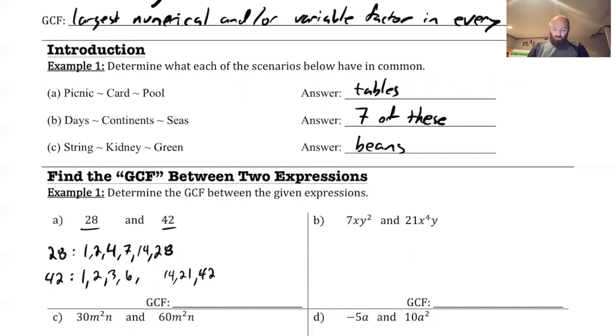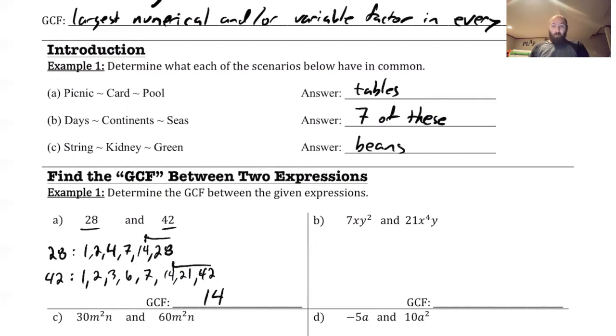Okay, so this is what we did back in unit 1. The greatest common, if I look at it from right to left, I see 14 here and 14 here. There are other common factors, but the greatest common factor here is 14.